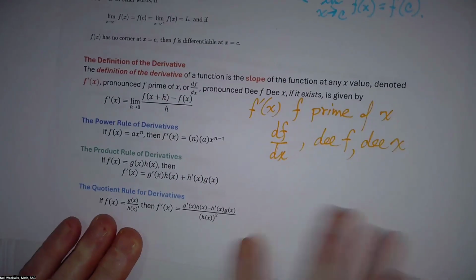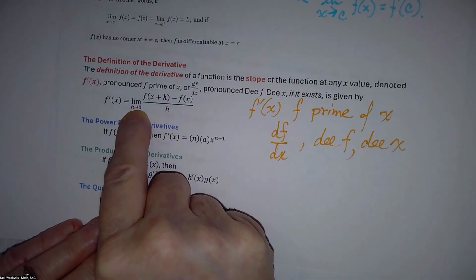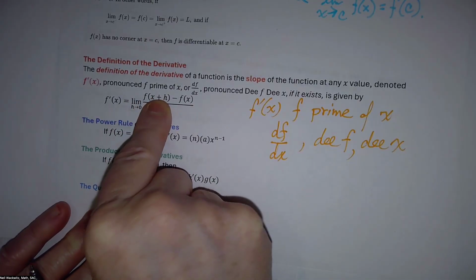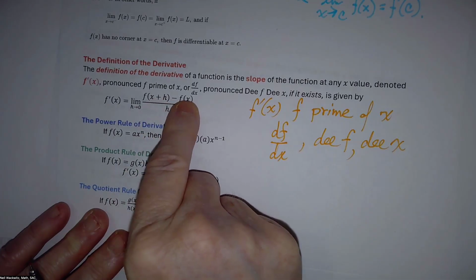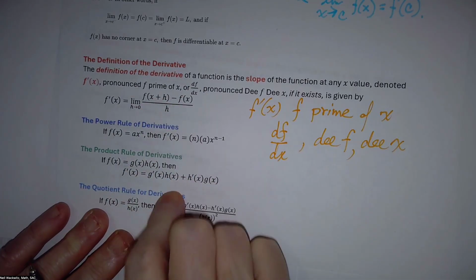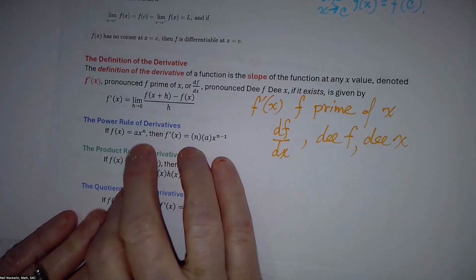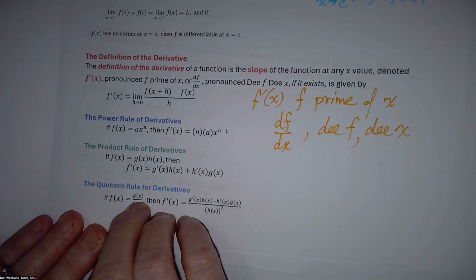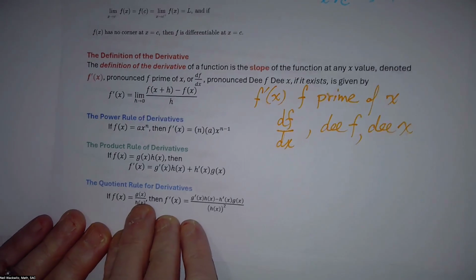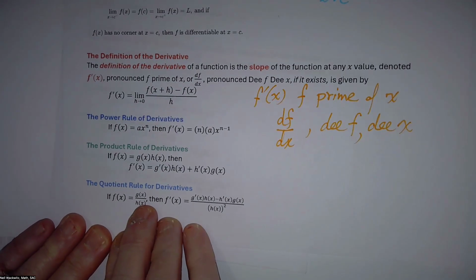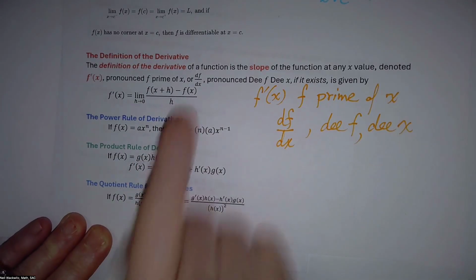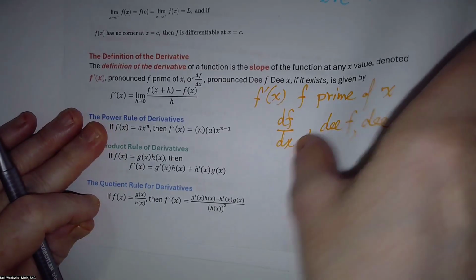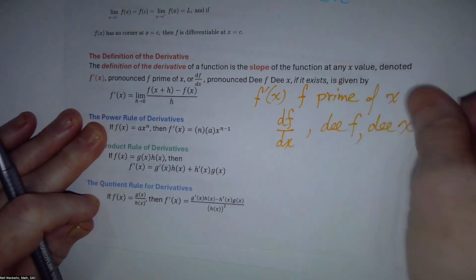And it is the limit as h goes to 0 of f of x plus h minus f of x, all divided by h. In a moment, we're going to look at the beginning rules for derivatives, because we can't do much with the definition without getting bogged down in some algebra. Although I promise you we'll get to do some algebra.